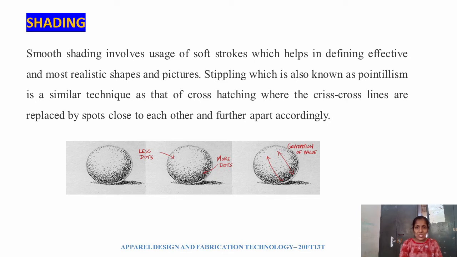Stippling, which is also known as pointillism, is a technique similar to cross-hatching, where the criss-cross lines are replaced by spots placed close to each other or further apart accordingly. Just go through these three different images of different shading techniques; in this one, dots and spots are used as a shading technique.